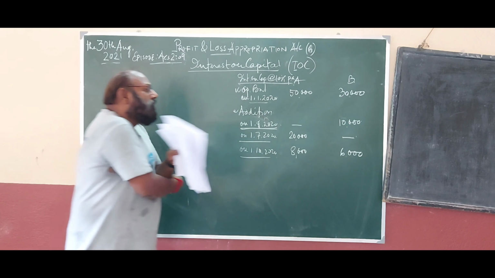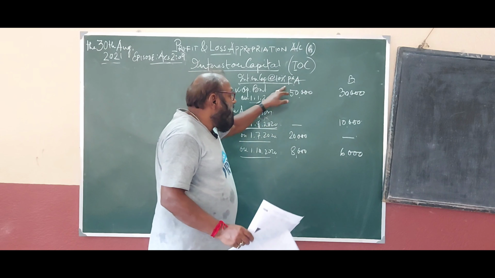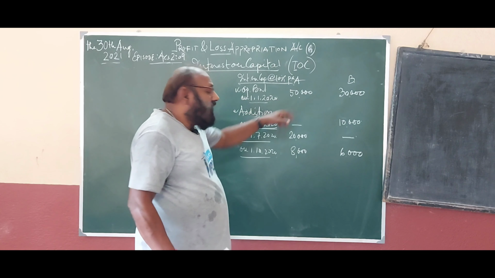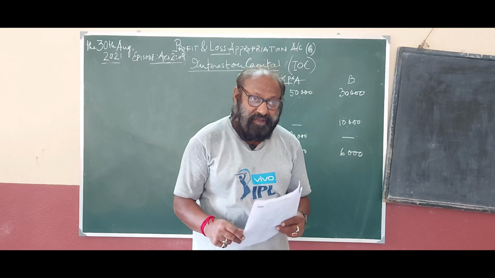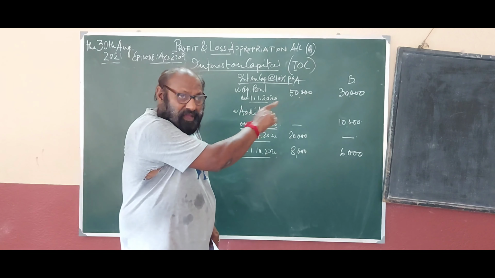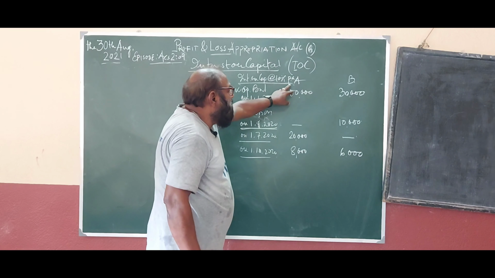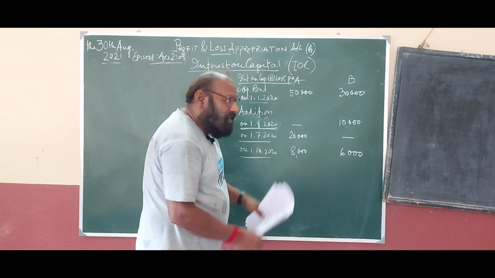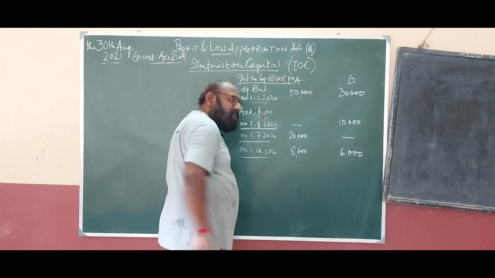Friends, you know better that when per annum is written, you have to take the time factor, the time dimension of the problem. But if it is not stated per annum, if the interest on capital is simply 10%, then we should take into account the whole amount at the rate of 10%.